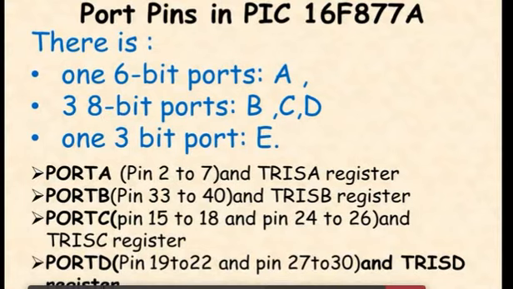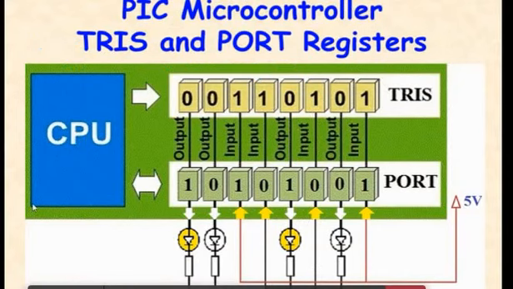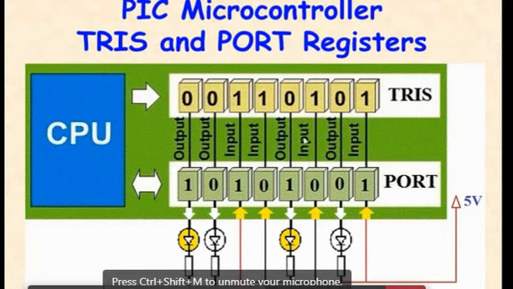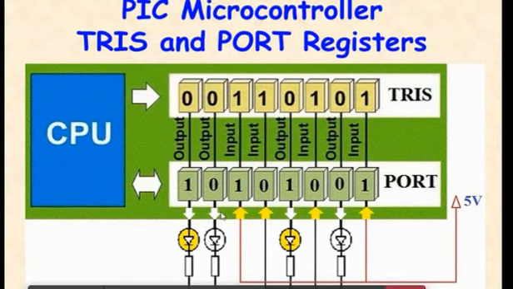We'll see the port and TRIS register. This is my microcontroller and this is my TRIS register. If it is 0, then that pin is output. 1 means input. So you can make some part input and some part output also.